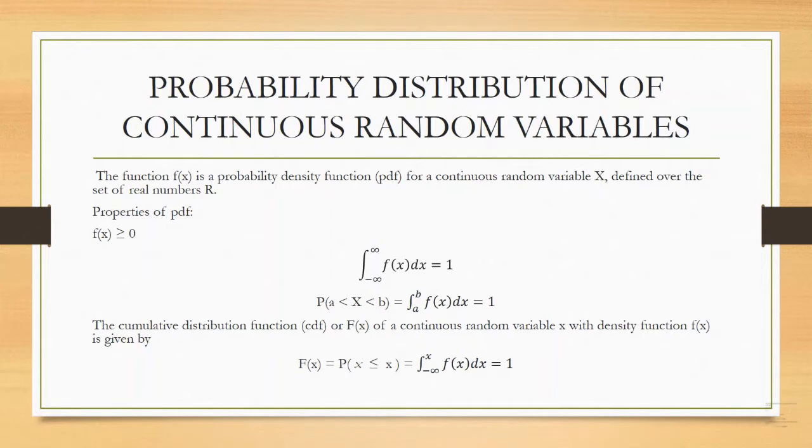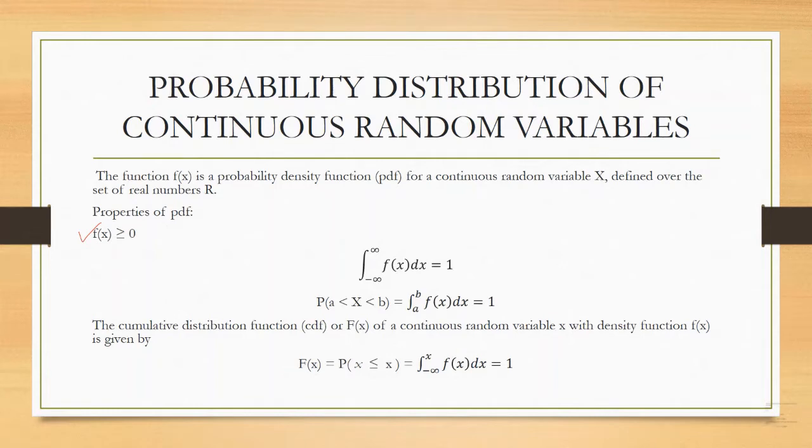Okay? The properties of a probability density function for a continuous random variable x, ang ating function of x, or the probabilities, are greater than or equal to 0. Meaning, we start with 0 and to the positive side ng ating number line.